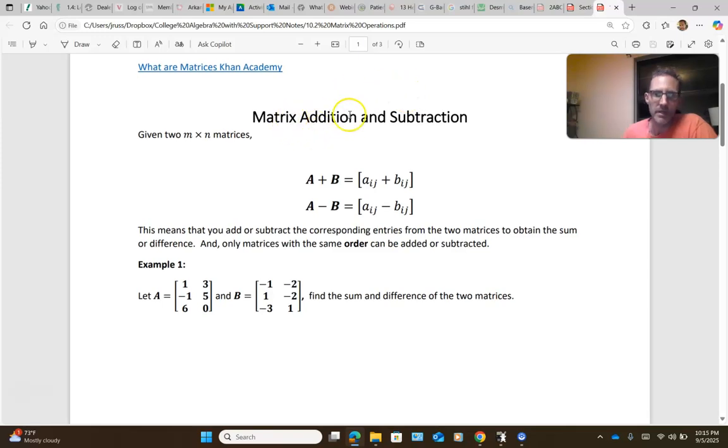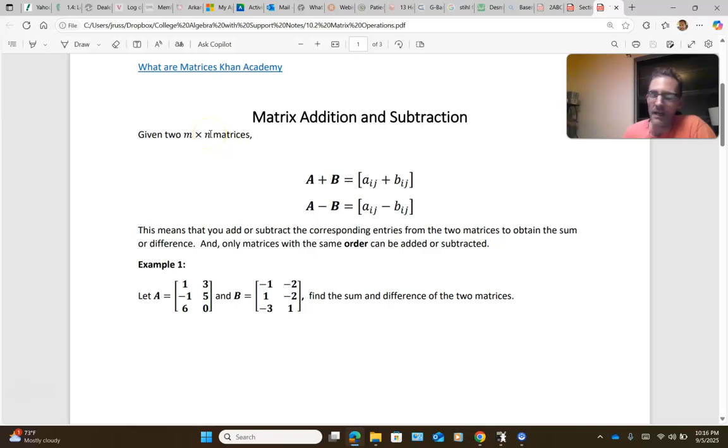But anyway, let's look at how to do some matrix addition and subtraction. And, again, we'll look at how we can do this in the calculator as well. So let's say we're given 2 m by n matrices. This just means 2 arbitrary matrices that have m rows and n columns.